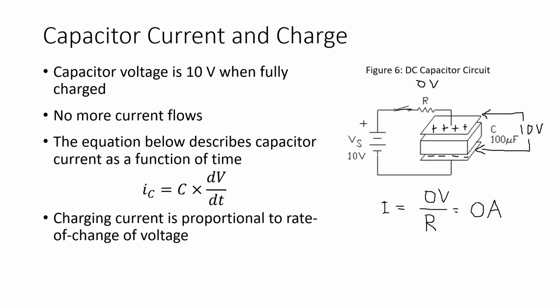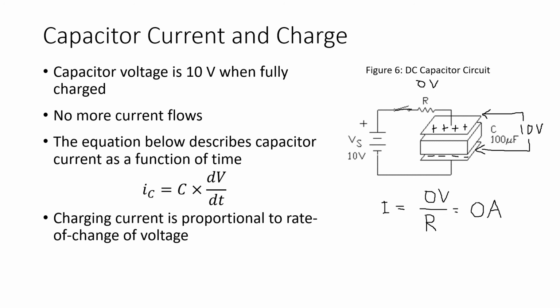And this equation shows us, of course, that the faster that voltage changes across the capacitor, the greater the current flow will be into that capacitor. So the capacitive current is proportionate to the rate of change of voltage.